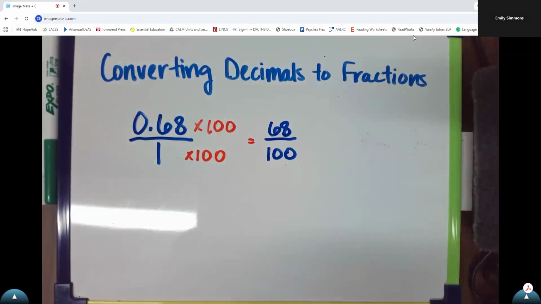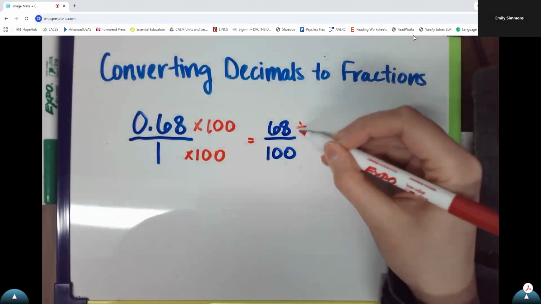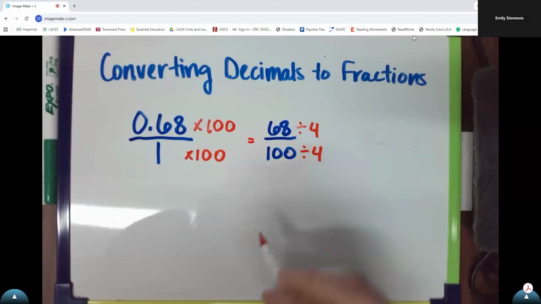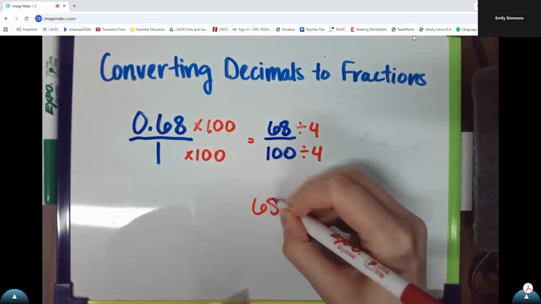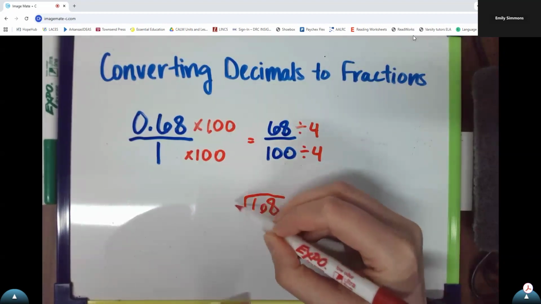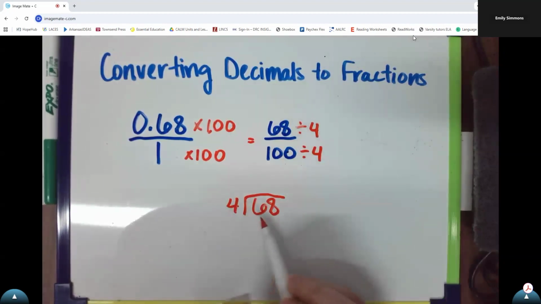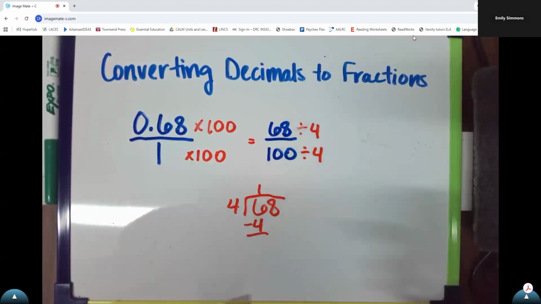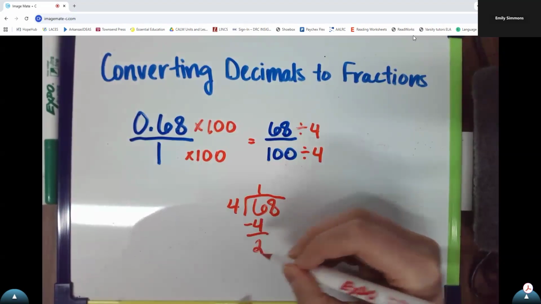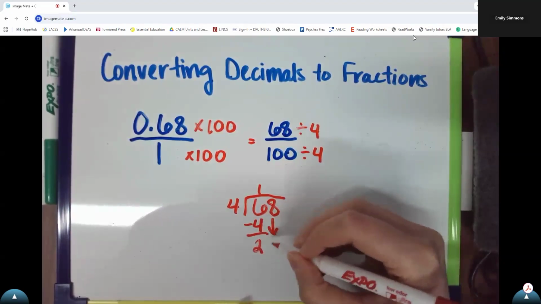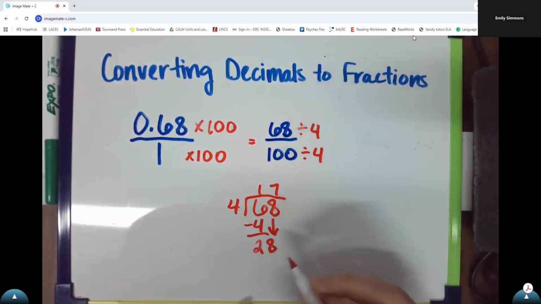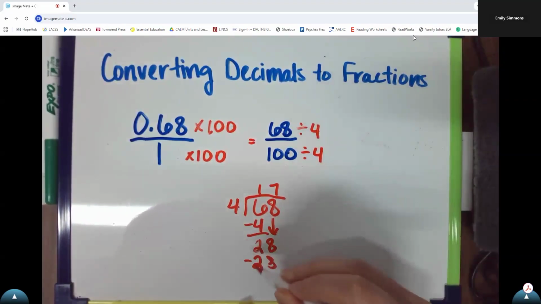Now we've got one more thing we can do. We need to simplify. 68 and 100 are both divisible by 4. 68 divided by 4: 4 goes into 6 one time to get 4. We subtract and we're left with 2. Then we bring down our 8. 4 goes into 28 7 times to get 28.